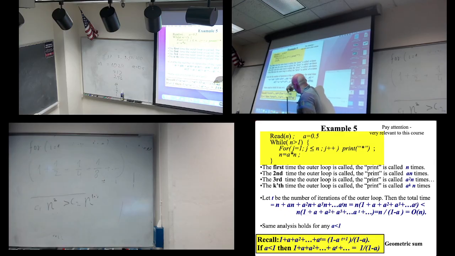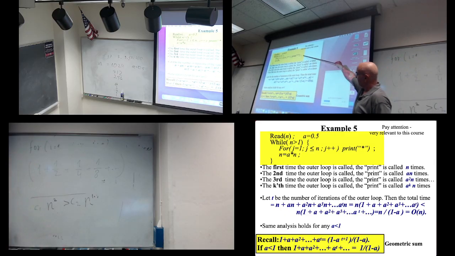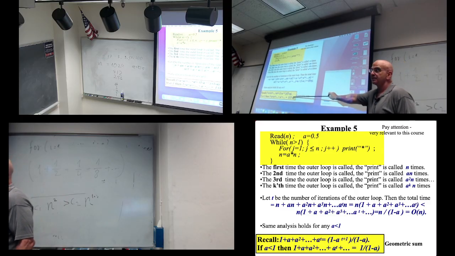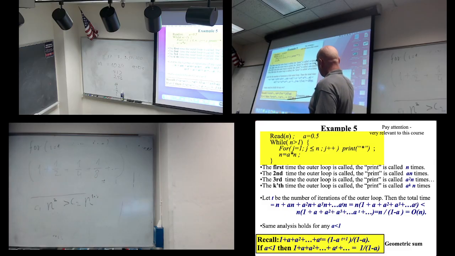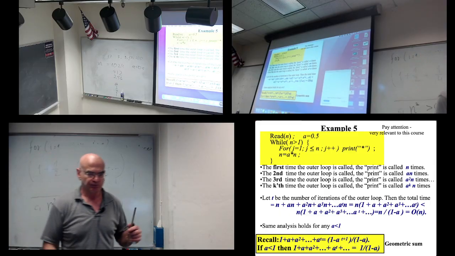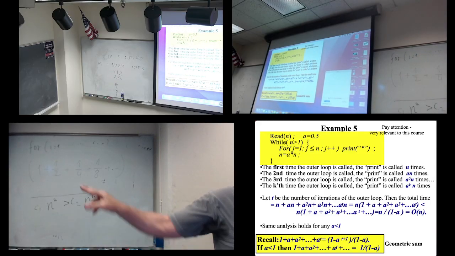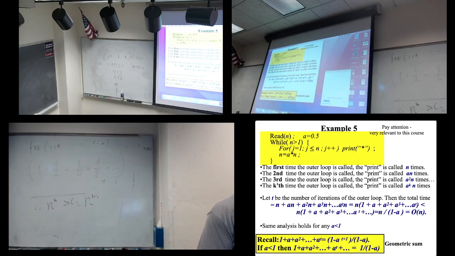So it's just 1 over 1 minus a. So when a equals half, this number is 2. So the overall running time is order of n, no matter what a is. Cool? So this example will appear multiple times.